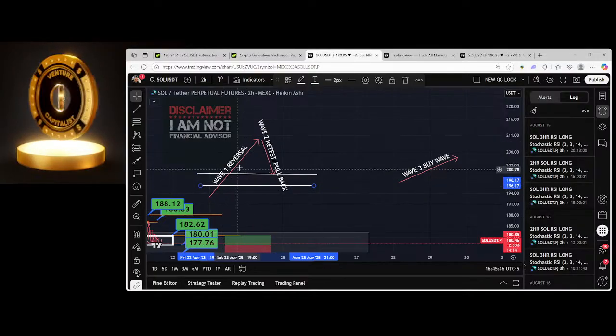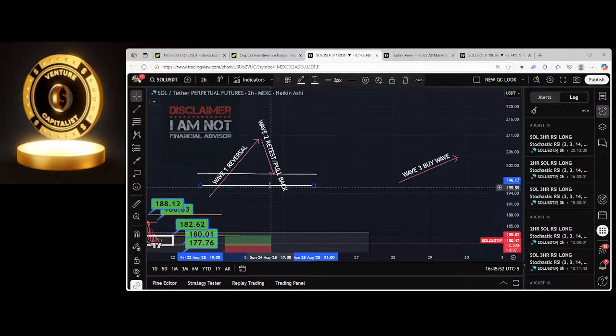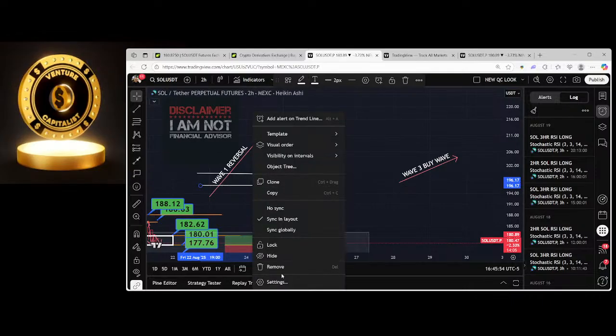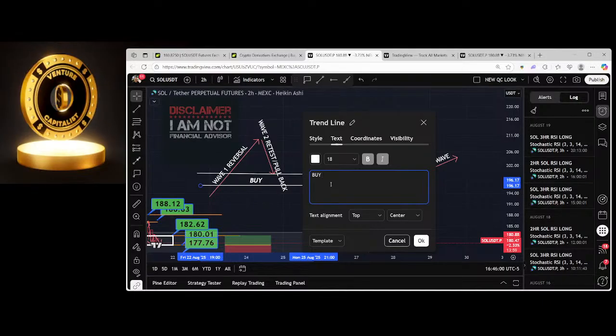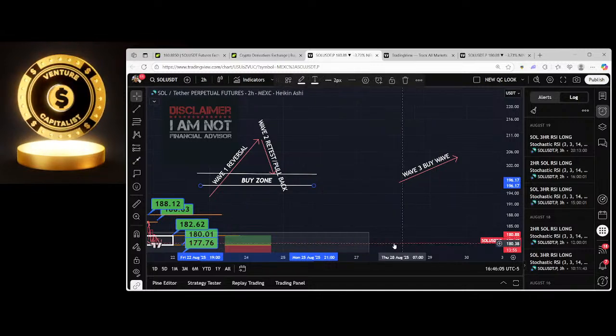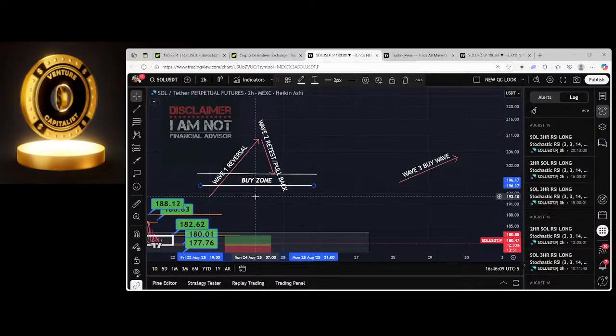So every time there's a bounce, it's not going to the moon. It has to pull back, okay? And when it pulls back, the reason why it's pulling back is because if it is a true wave 1, the market makers, the people that control the market, are creating what's called a buy zone.